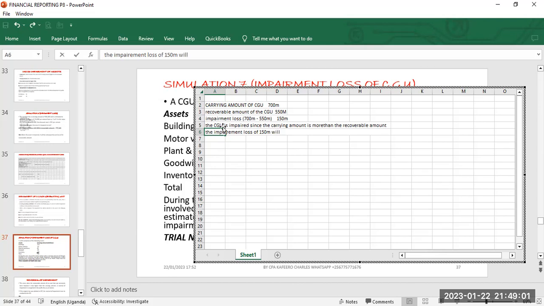will be allowed. Remember, this one is taken to the income statement, will be allowed as an expense in the income statement and allocated to the assets.